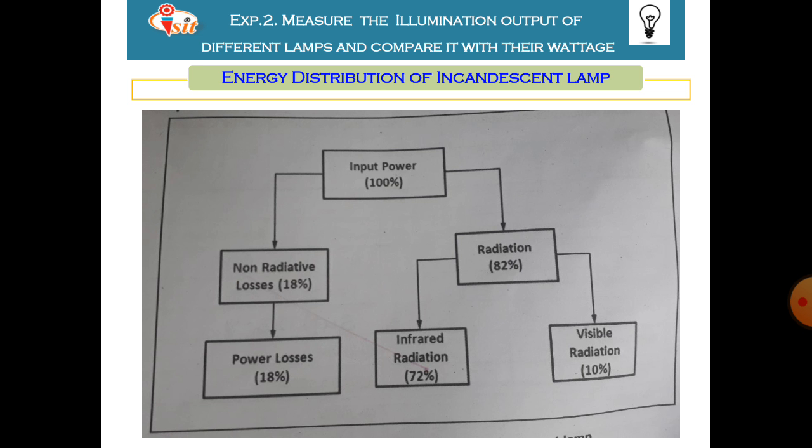Radiations are 82% and non-radiative losses are 18%. In radiation, infrared radiation is 72% and visible radiation is 10%. It means out of 100%, visible radiation given out by the incandescent lamp is only 10%.